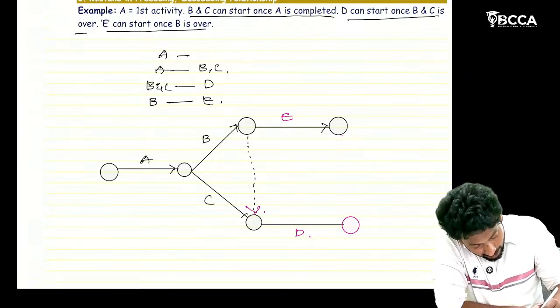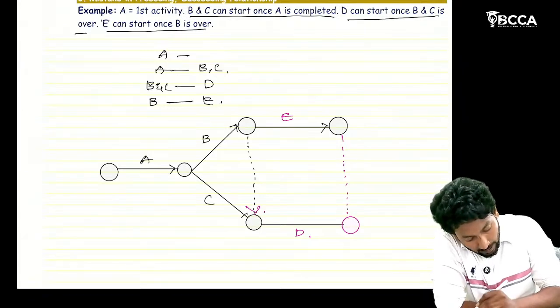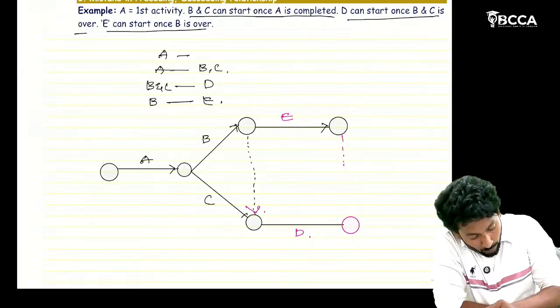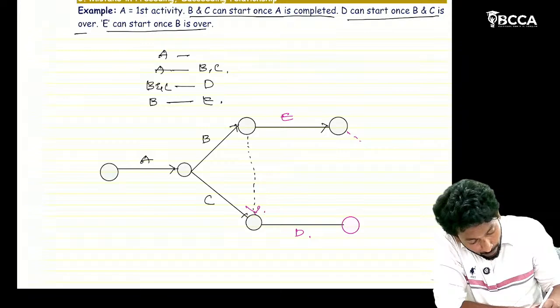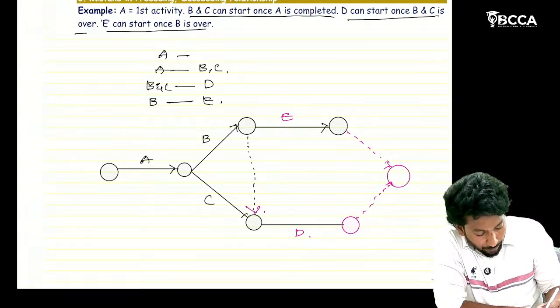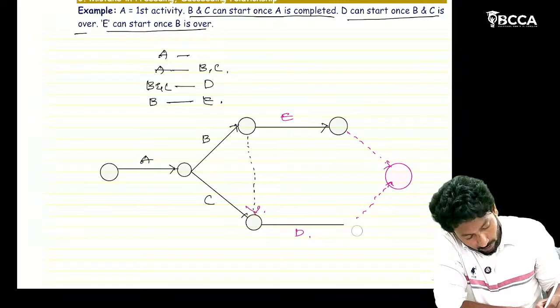You can draw a dummy from E to D, or else D to E, also fine. Or else we can take one dummy from E and one dummy from D, and connect these two dummies here, also fine. Or we can do one more way, sir.